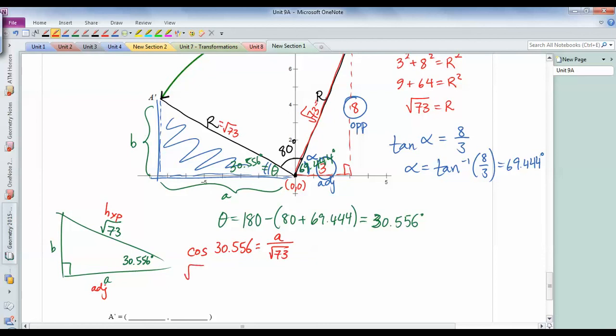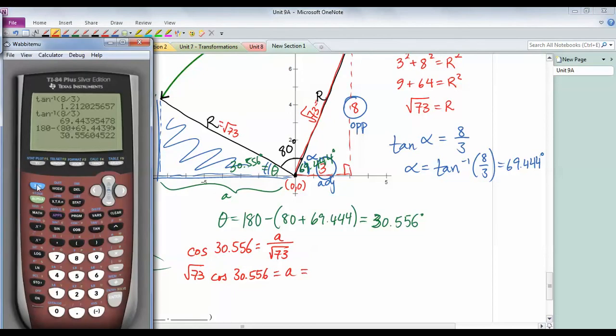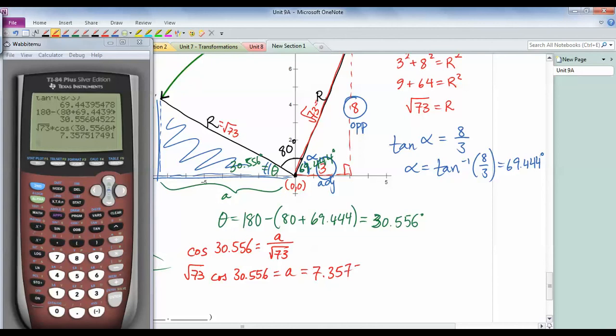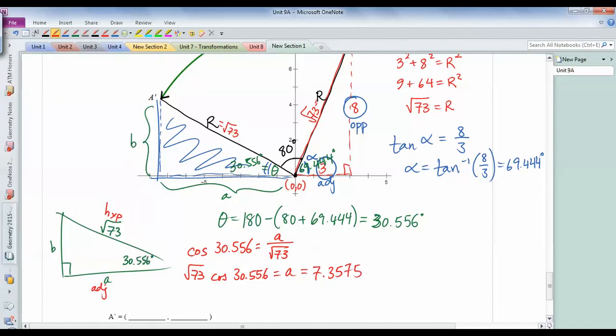And then if I multiply the root 73 over, I get A. So it's root 73 times cosine of that 30.556 angle. So I'm going to cut and paste that, and hit enter, and we get 7.3575 for A.